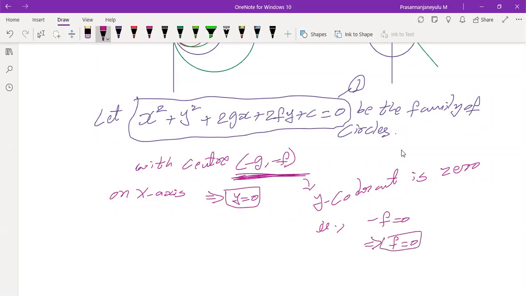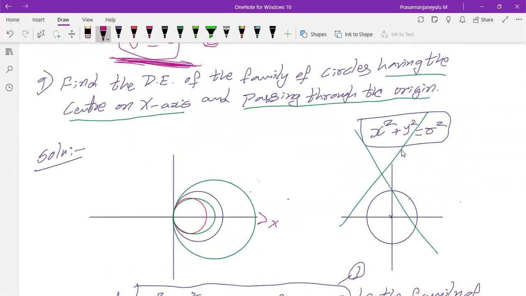Okay, next one more point. Centers are on the x-axis. What about the second point they may ask in the problem? Passing through origin. How can we identify whether a curve equation is passing through the origin or not? They should not have any constant term.